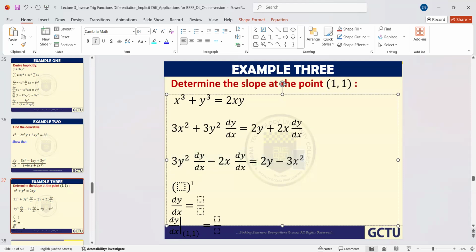Now if I factor dy/dx out on the left-hand side, I'm supposed to get 3y squared minus 2x.